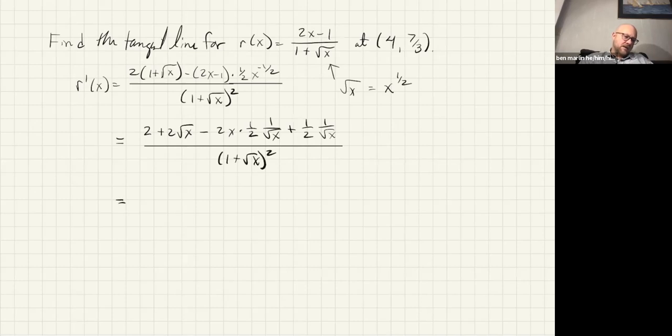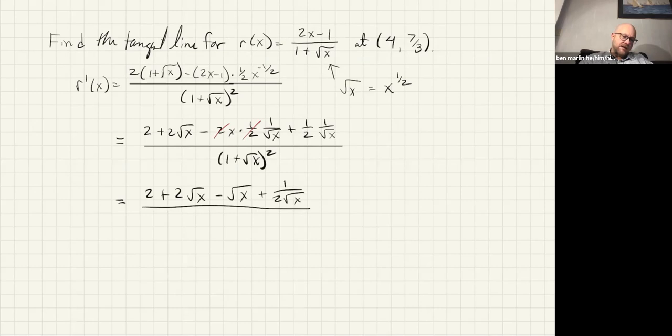2 plus 2 square roots of x, and let's see, those cancel there. x divided by the square root of x means I would have a minus square root of x, and then plus 1 over 2 square roots of x.